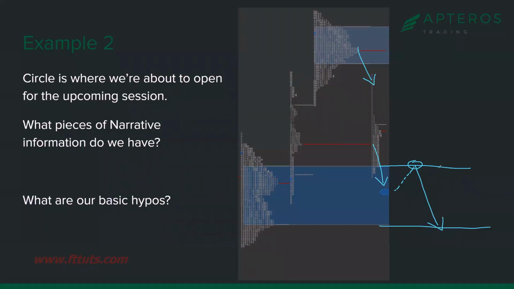Other hypos could be to get long here if we can't accept into there. But we're more cautious about hypo 2 because the main thing that's happening on a composite level is the fact that yesterday was a day 1 break lower out of a CVA. And then another one would be a nice move if we see continued sell-off in strength.